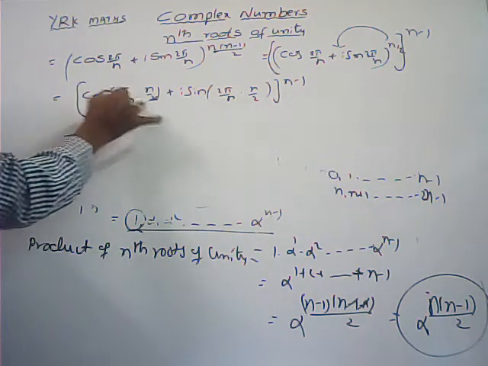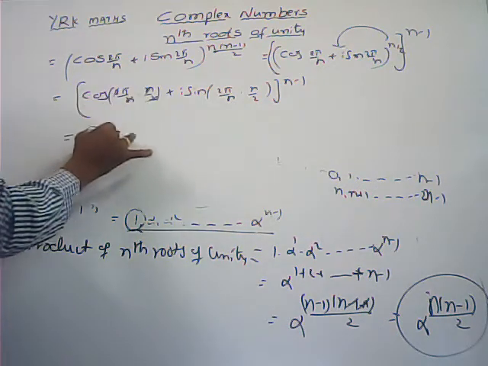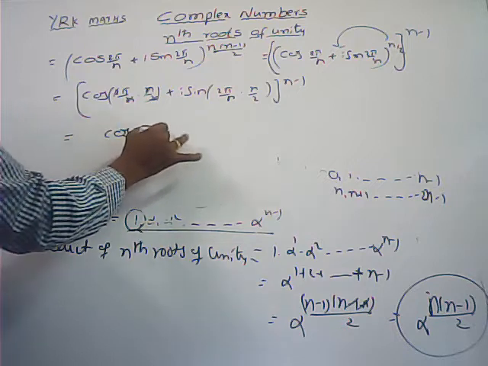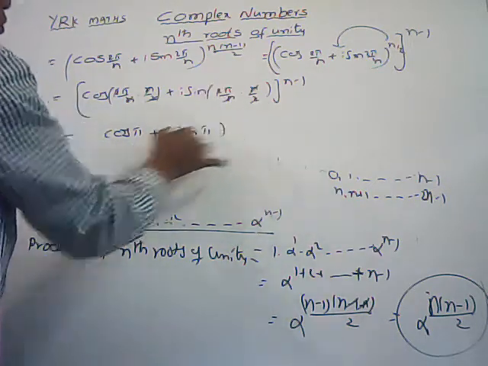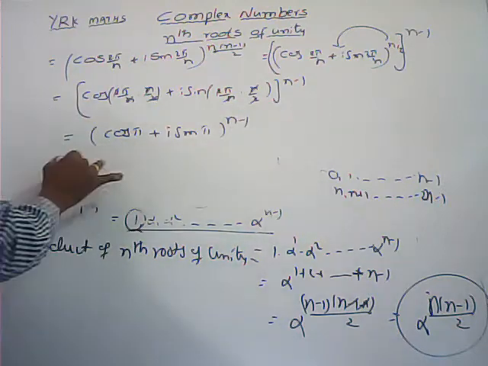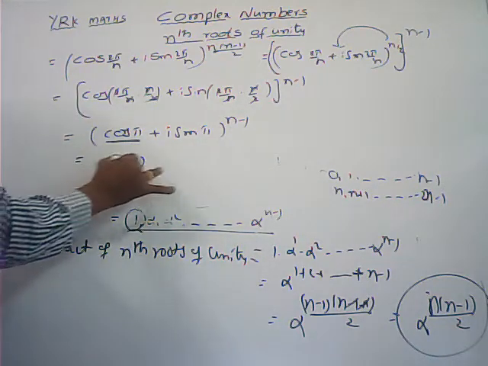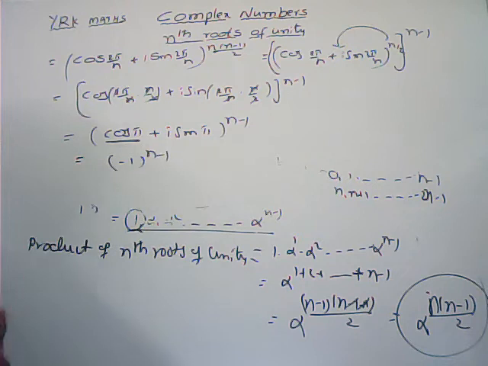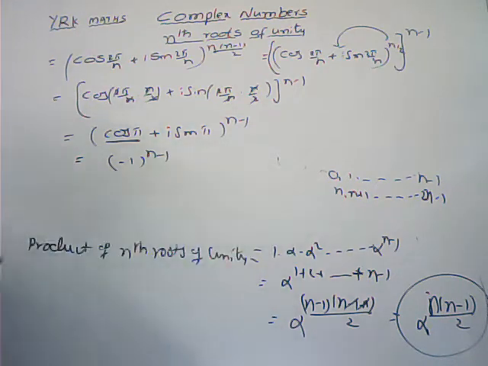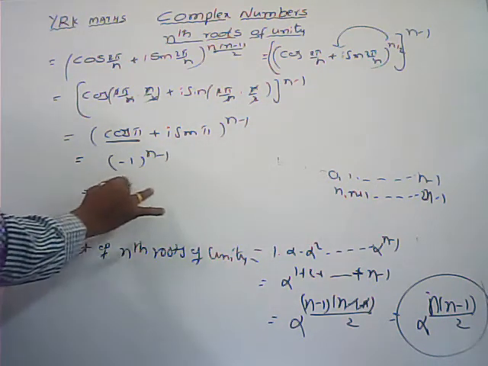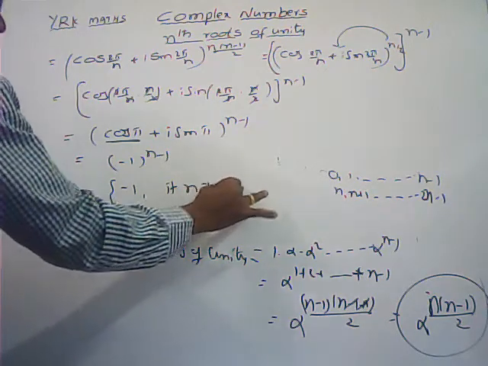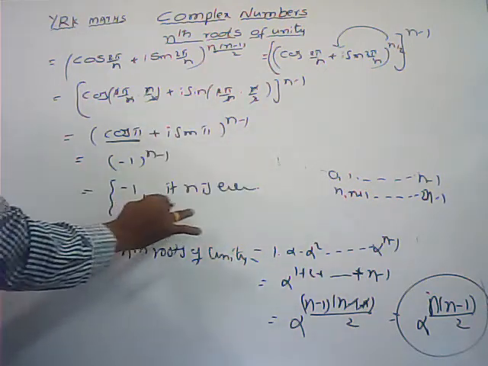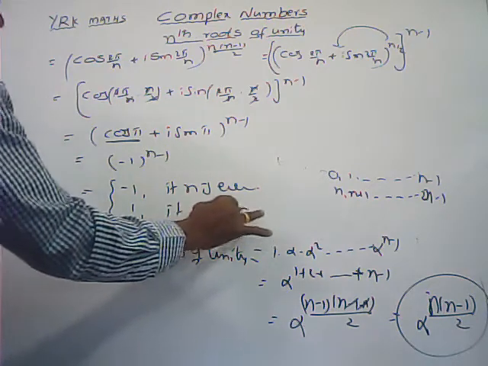Now here 2 gets cancelled and n also gets cancelled. Cos pi plus i sin pi, whole power n minus 1. That is equal to cos pi value minus 1, so minus 1 whole power n minus 1. So here we can write that it is equal to minus 1 if n is even, 1 if n is odd.